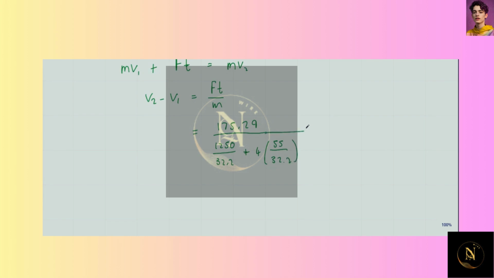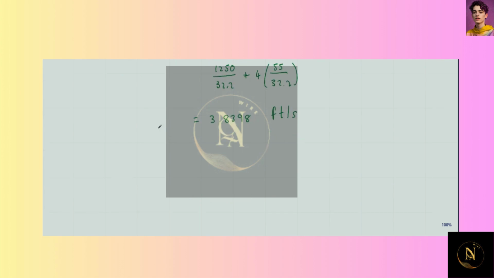That's the entire mass of the cab and the 4 blades. And hence we get v2 minus v1 to be 3.8398 feet per second.